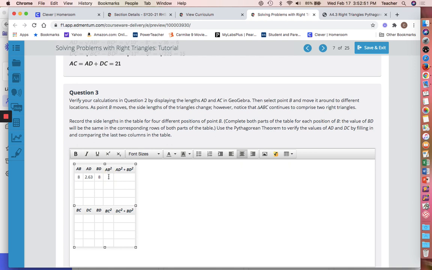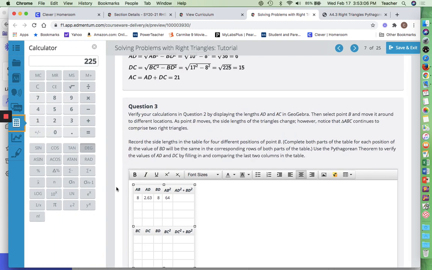Well, AB squared, so 8 squared is 64. AD squared plus BD squared: I gotta do 2.63 squared plus BD squared, and BD squared is 64, so plus 64. It's basically 71.